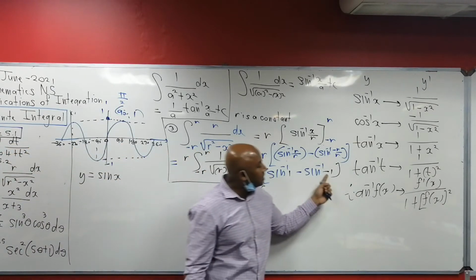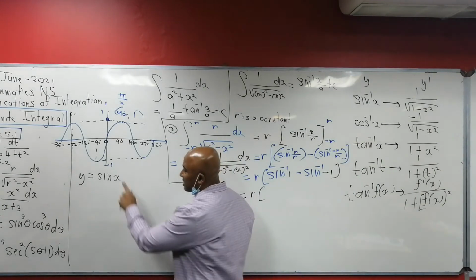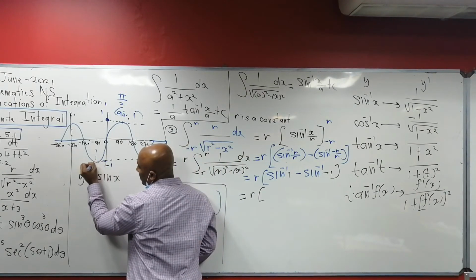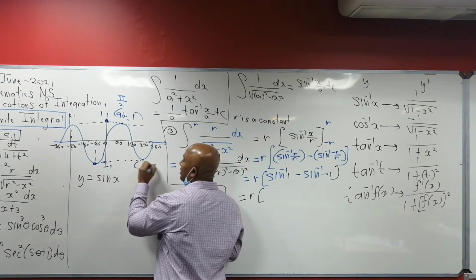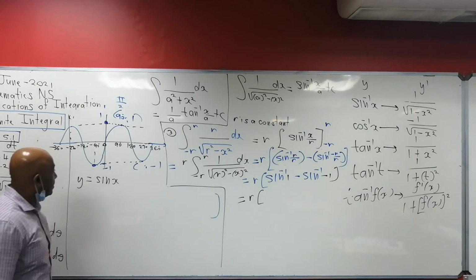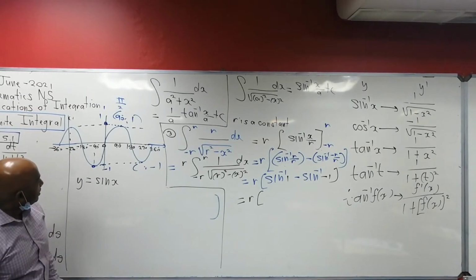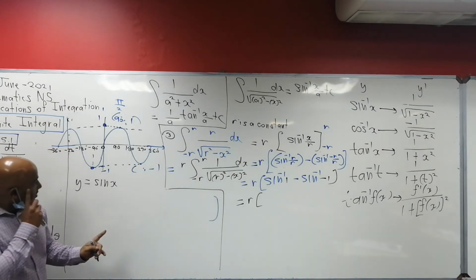Inverse sine of minus 1 means where is y equal to minus 1? So there's minus 1 here. If I draw a line here, there's the point minus 1. And there's also another point here, minus 1 also. Can you see that? But now we know for our, well, I didn't do the trig graph. I need to show you the inverse sine graph.